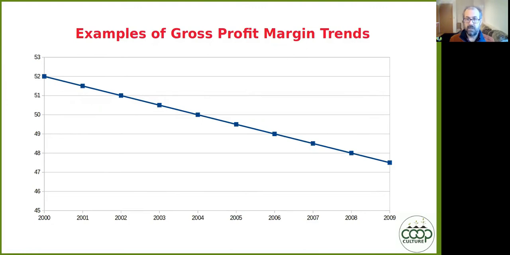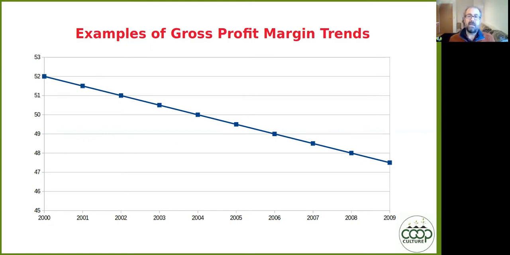So in this graph, what we have on the y-axis is percentages. That's the gross profit margin as a percentage. And on the x-axis, we have time. In this case, years, but the units aren't so important. What matters is time.